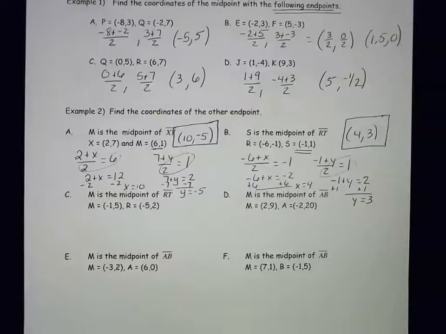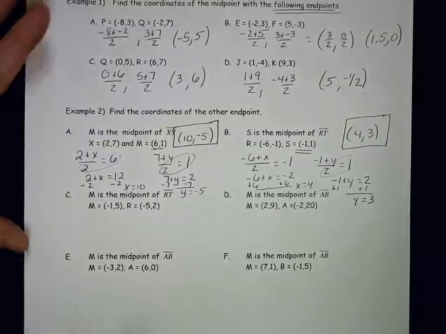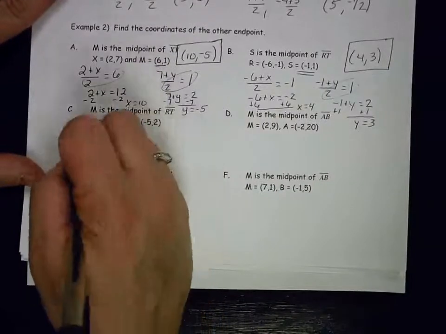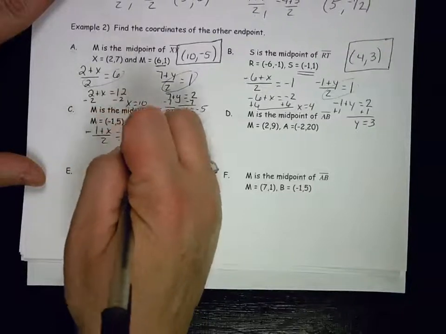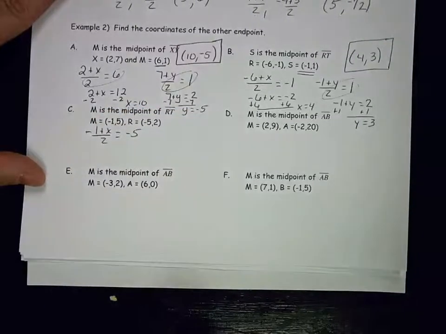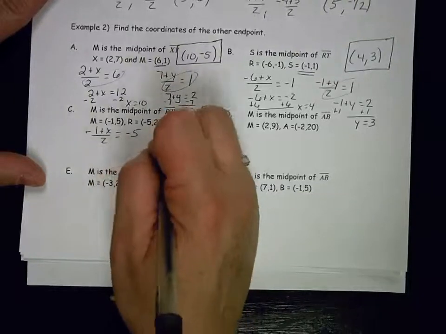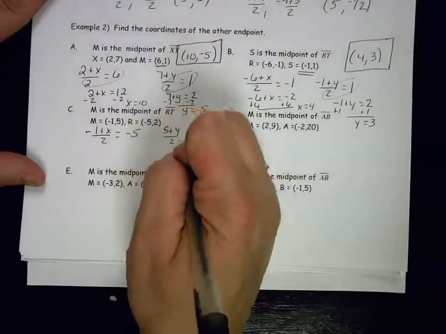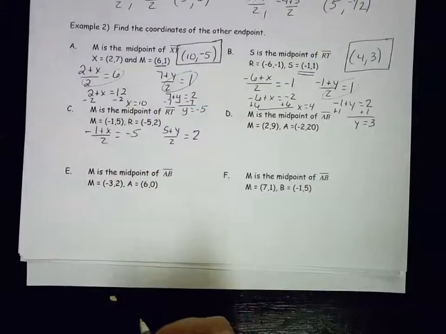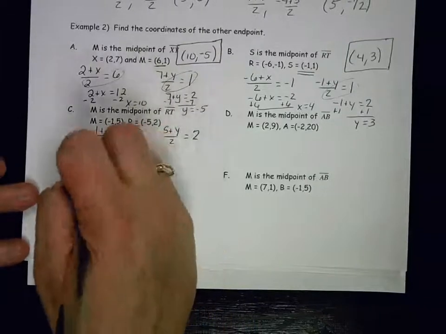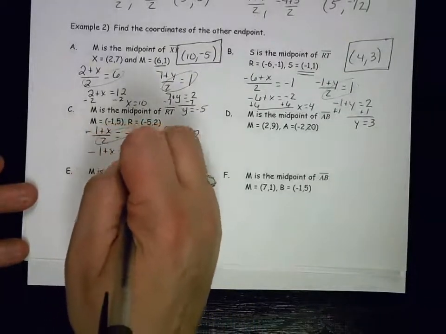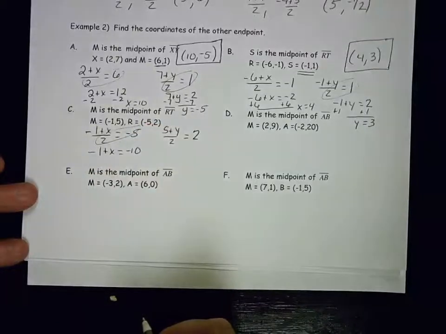And try to set up letter C on your own for a minute. M is the midpoint of RT, so we will do negative 1 plus some number divided by 2 equals negative 5. And 5 plus some number divided by 2 equals 2. Cross multiplying, negative 1 plus x equals negative 10.